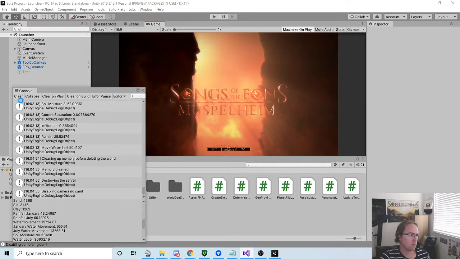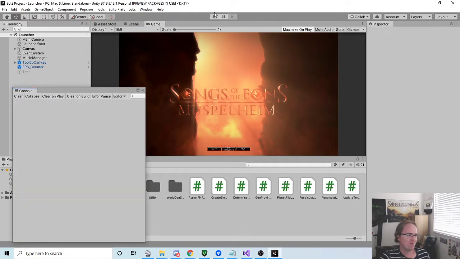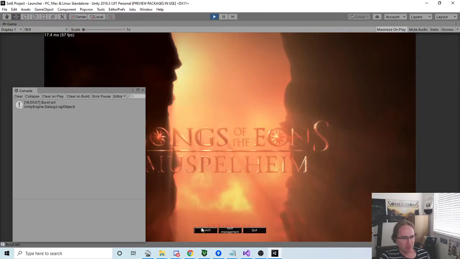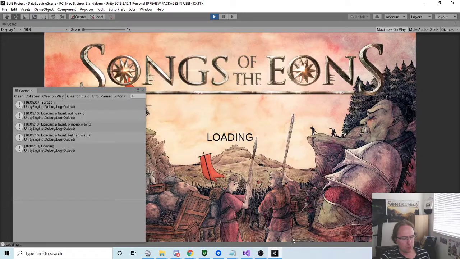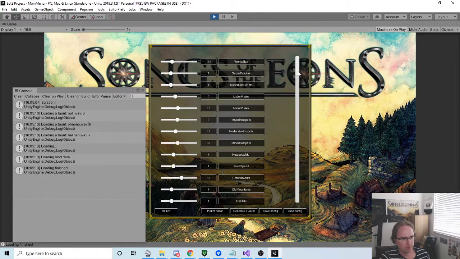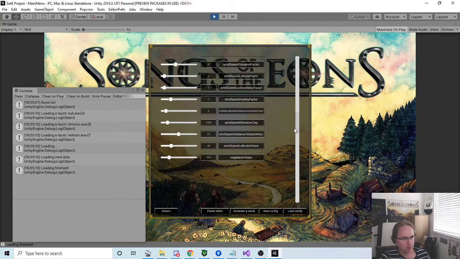Let's try again. Alright, so now in that tile, we'll be calculating how much water drains out from the soil.